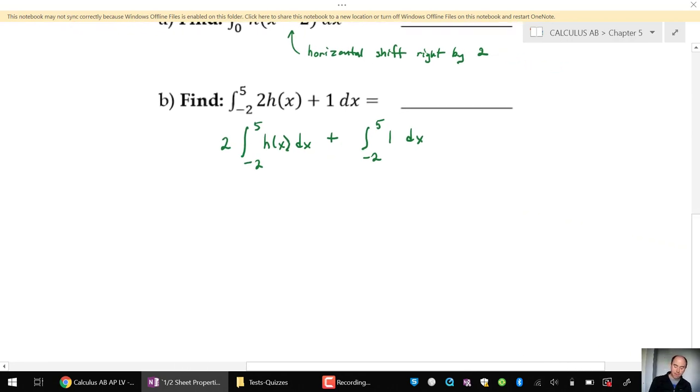So here now I have 2 times 5 plus, now the antiderivative of 1 is simply going to be x. And if I use FTC on this, I'll have this to be equal to 5 minus -2. So I have 10 plus 5 plus 2, which is 7. And my final answer for that integral will be 17.